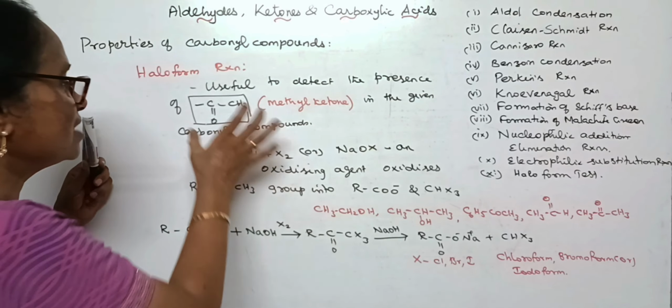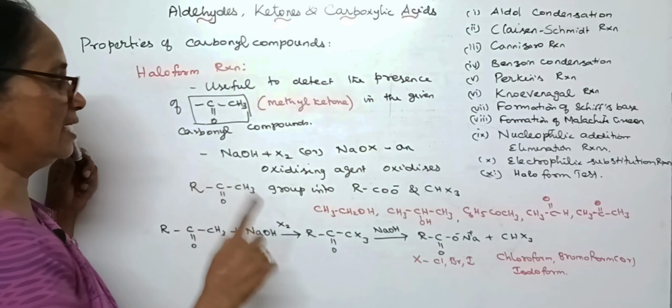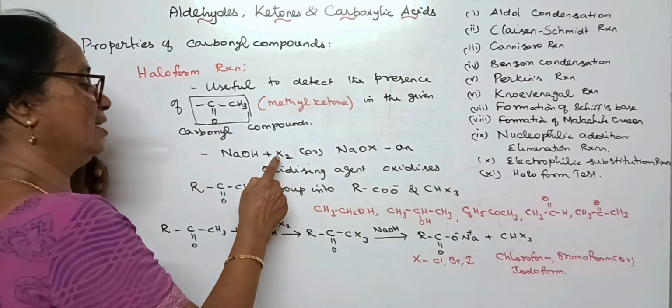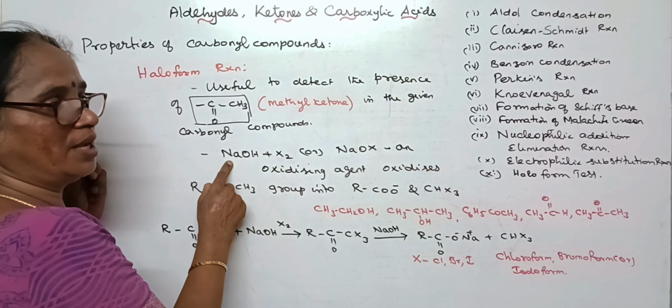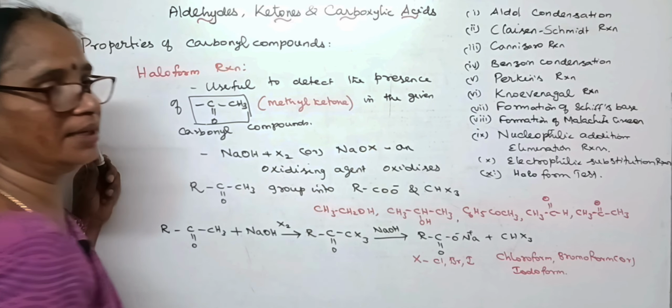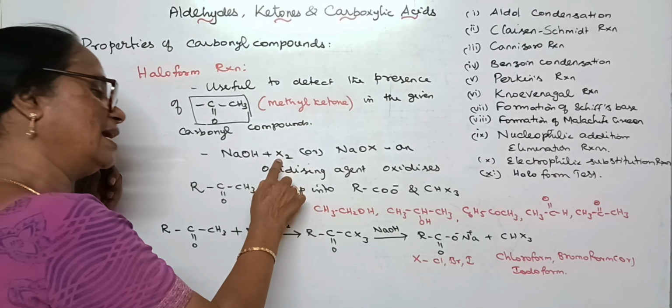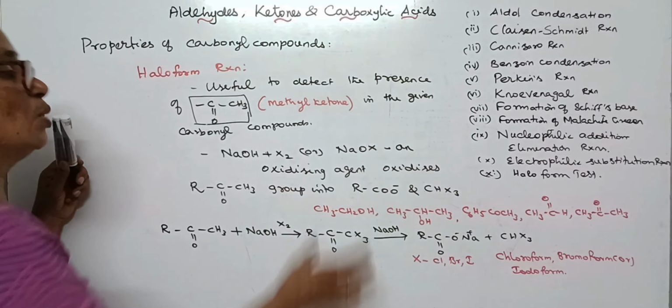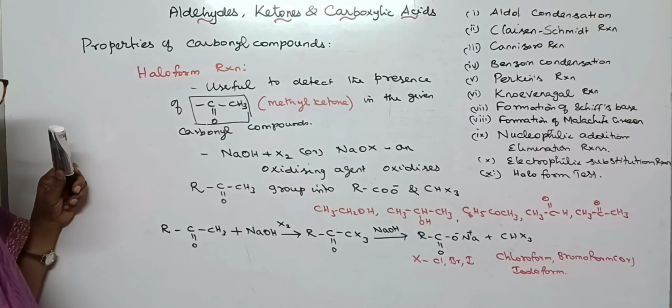So when this methyl ketone is treated with sodium hydroxide and a halogen, or when the halogen reacts with the sodium hydroxide, it usually forms sodium hypohalide, NaOX, where X might be either chlorine, bromine or even iodine. So this is a mild oxidizing agent.